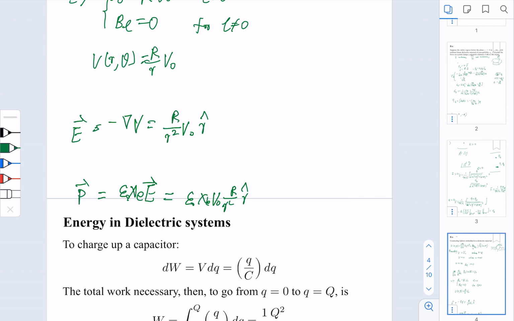So from this P vector we can then calculate the bound charge, both the bound volume charge and the bound surface charge.